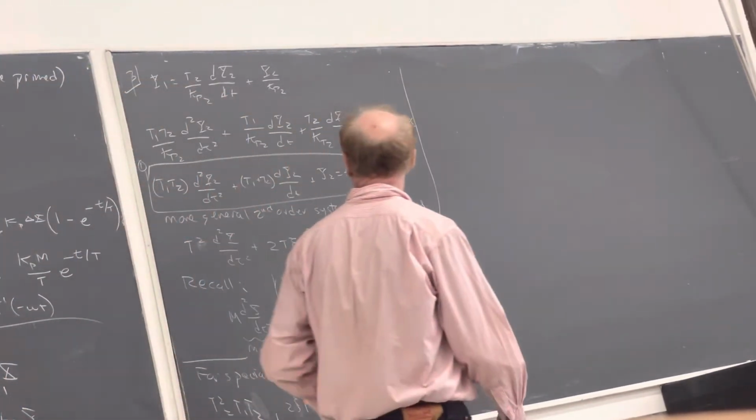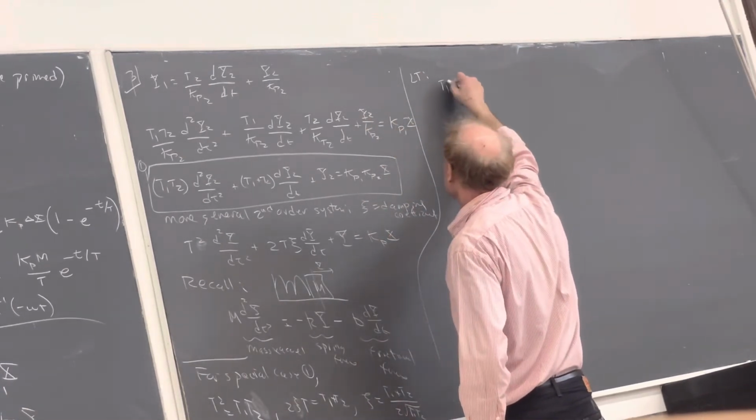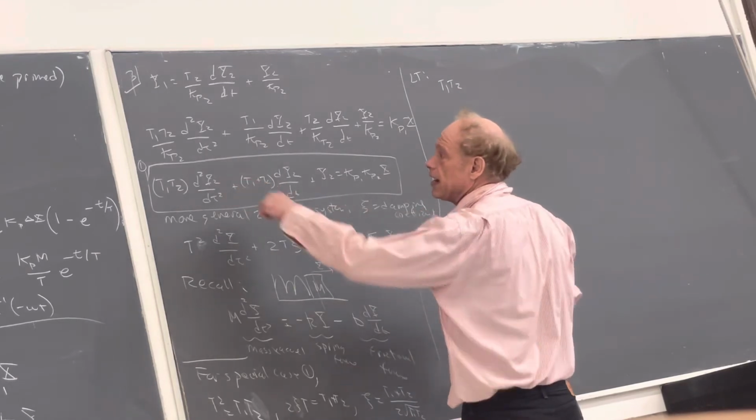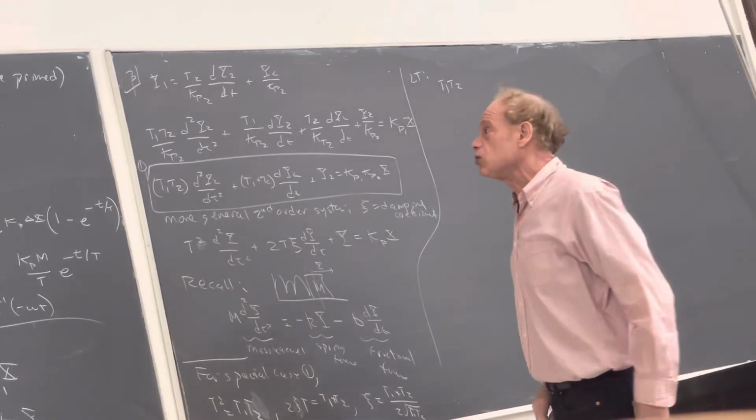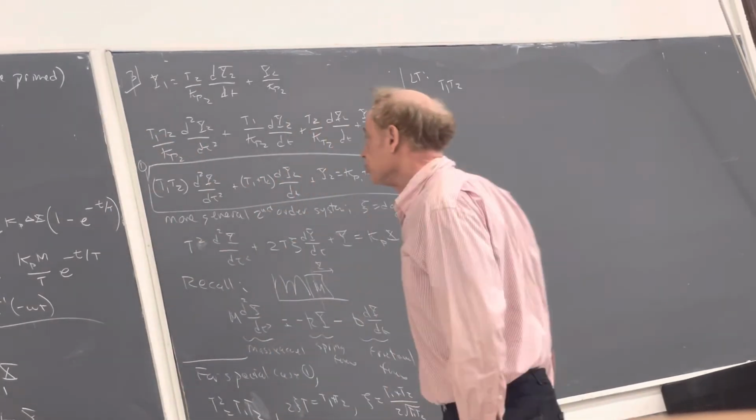Well, let's solve this equation. Let's do the Laplace transform. This now gives me an s squared, because these are all prime variables, so I don't have to worry about initial conditions.